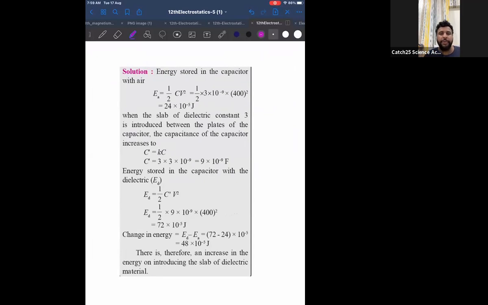Then you have to subtract both the energies and get the answer. Understood?